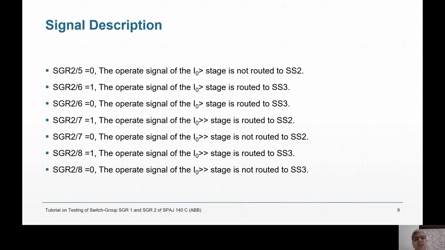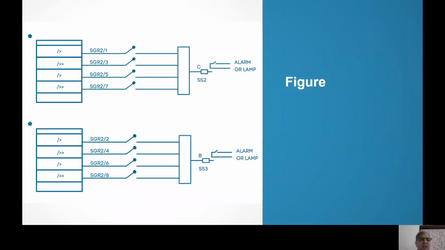These things were not available in older relays. Here, you can announce the relay operation, announce the start of the relay at multiple locations. And that facility the relay is providing.